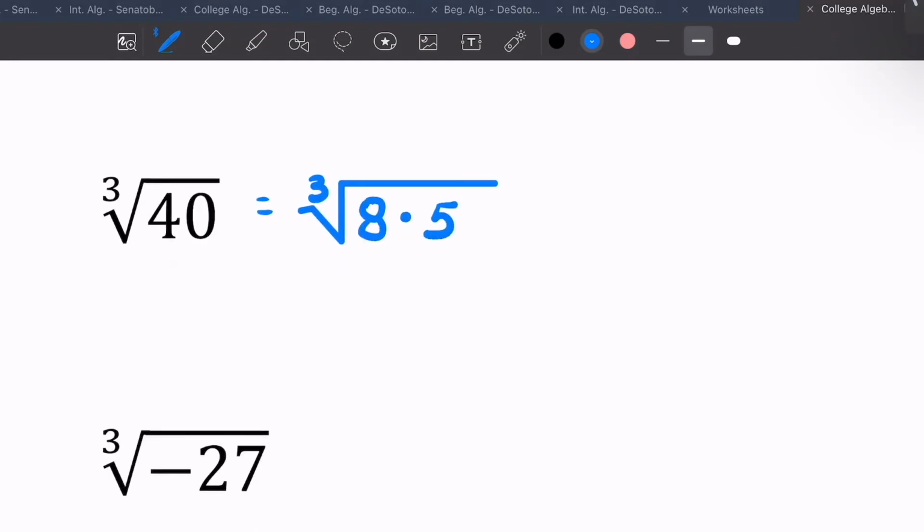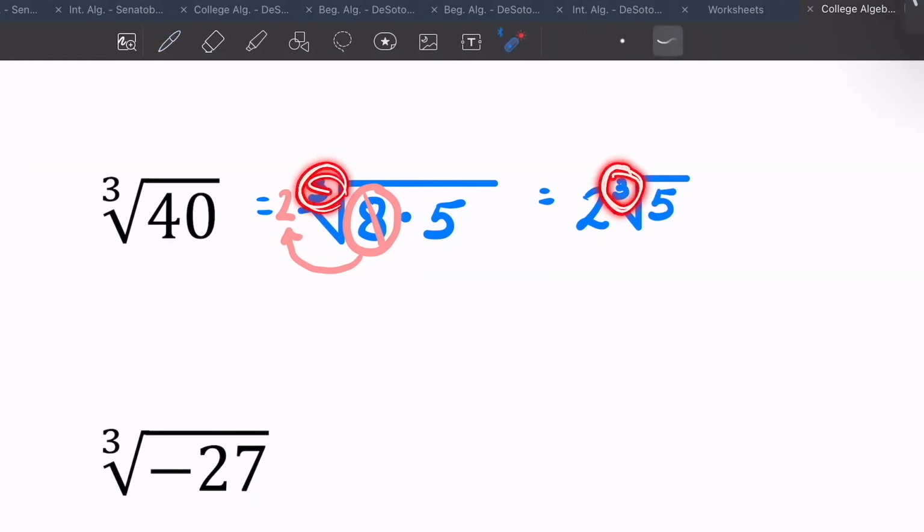I'm doing the cubed root of 8, not the square root, so it is 2. So I get 2 times the cubed root of 5. Don't forget to write your cubes there. It's a habit not to, because you're used to doing square roots, but we need to remember to write our cubes.